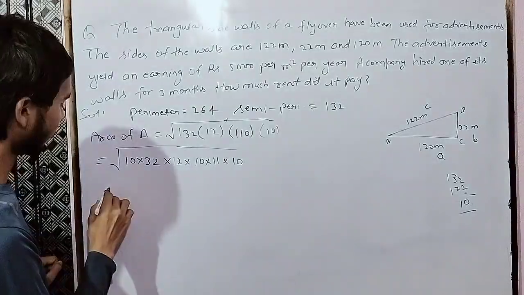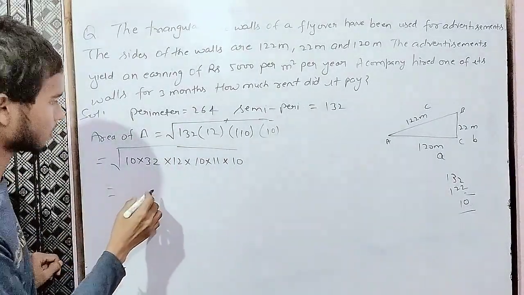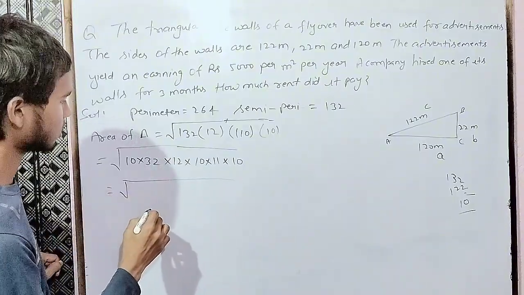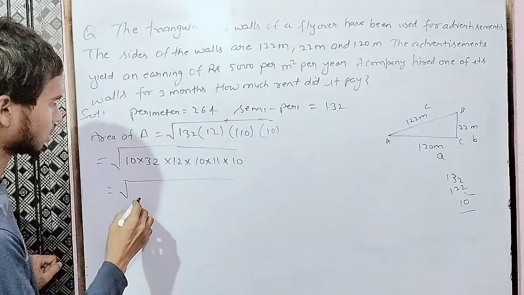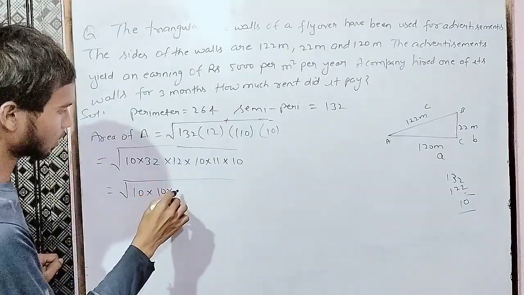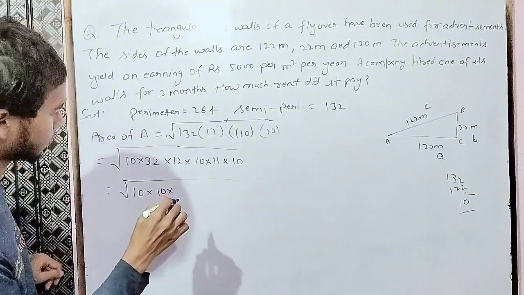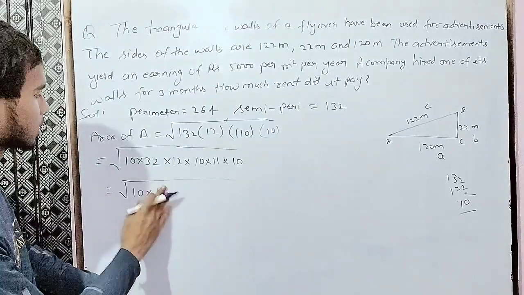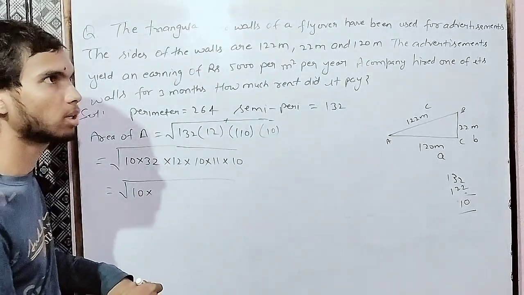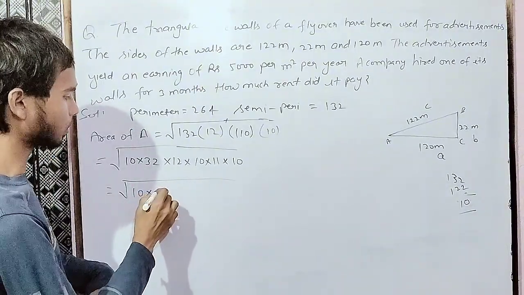What else? We can see here 10 multiplied by 10 multiplied by this 32. So 16 multiplied by 2.